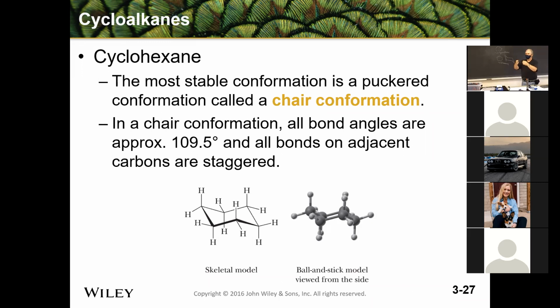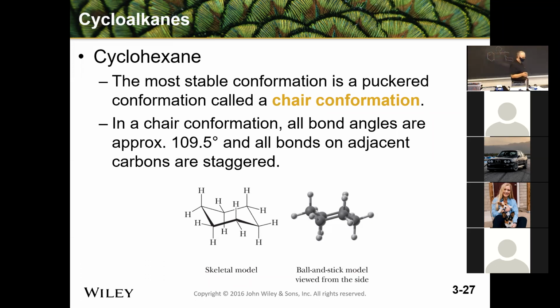I think you can readily see when I try to force all of these into the same plane for a regular hexagon, here we have a considerable deviation from the ideal of 109.5. In a planar regular hexagon, the bond angles are 120 degrees.